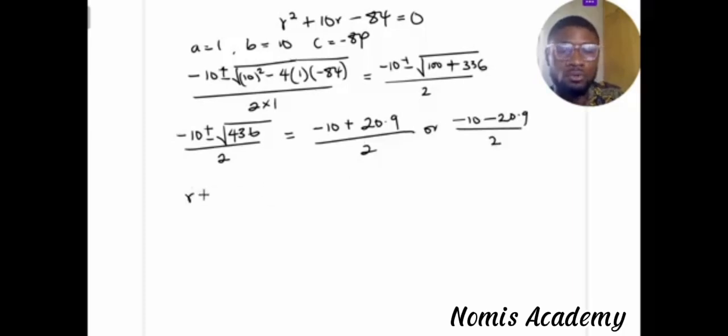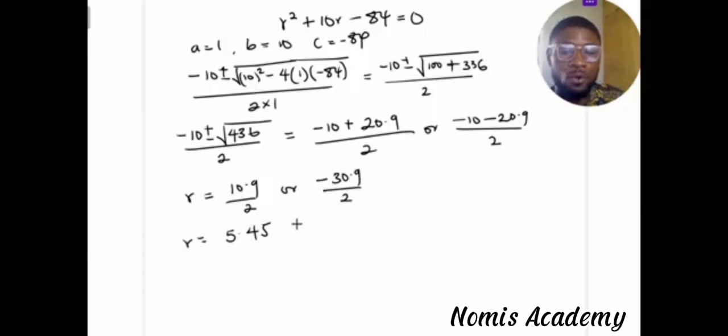So r is equal to minus 10 plus 20.9, which is 10.9, divided by 2, or minus 10 minus 20.9, that will be minus 30.9 divided by 2. So r is equal to 5.45, or minus 15.45. So r is equal to 5.45 or 15.45 centimeters. So any of the two is good for the value of r.